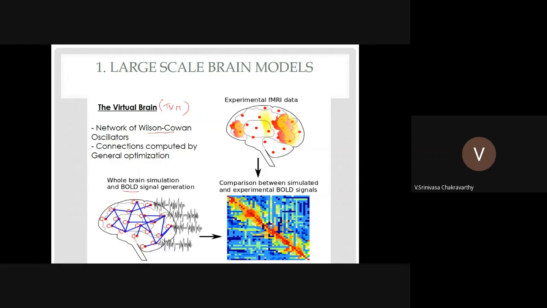Whereas in this case, they just fix the frequencies of the oscillators, and they train the connections. They pose the whole thing as a very complex, multidimensional optimization problem, and simply optimize all the connections so that the network of oscillators will be able to produce or reconstruct the time series signals recorded by fMRI.